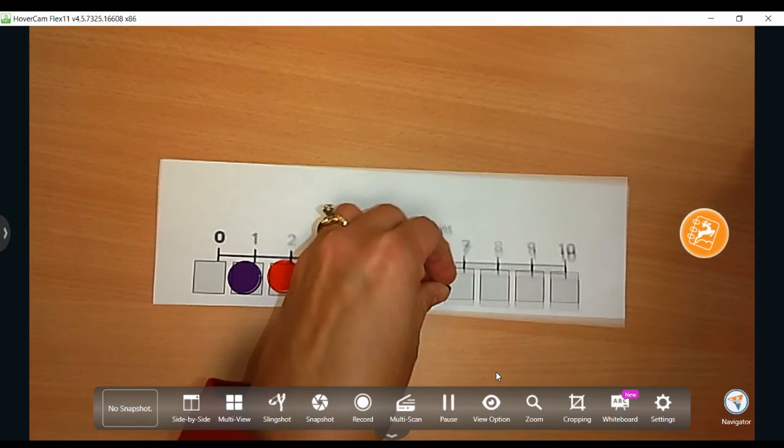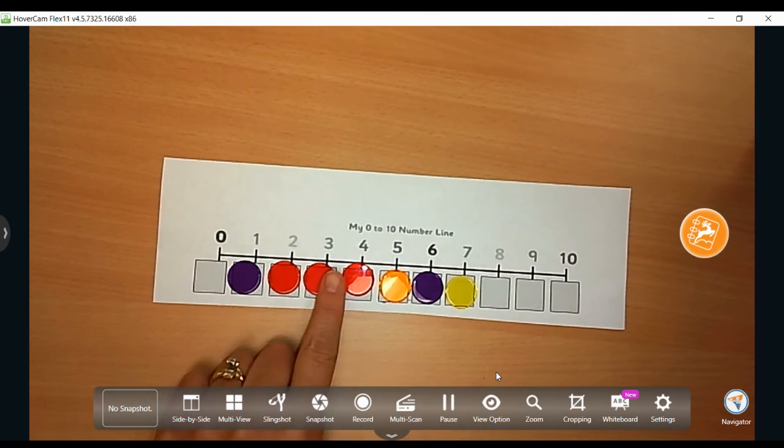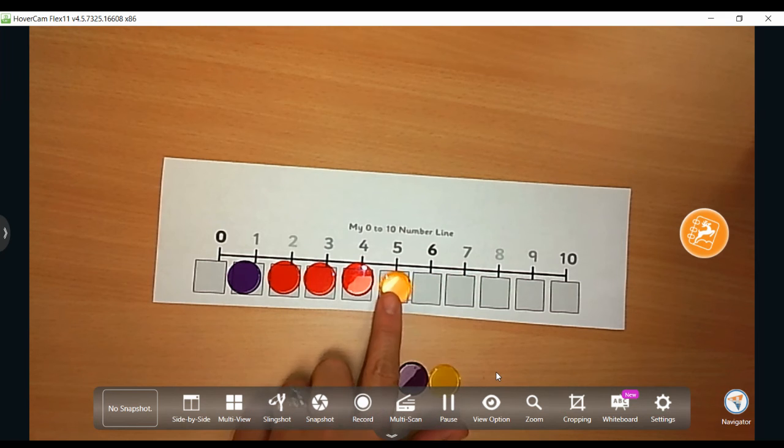Is 7. Let's see if I'm correct. 1, 2, 3, 4, 5, 6, 7. Yes. So I might ask, what is 2 less than 7? I might hop back 1, 2, and see that I have 5 left.